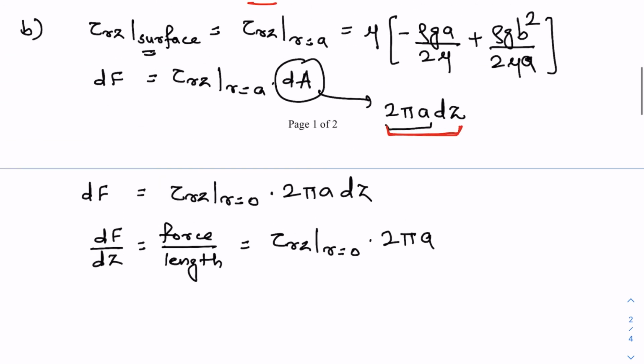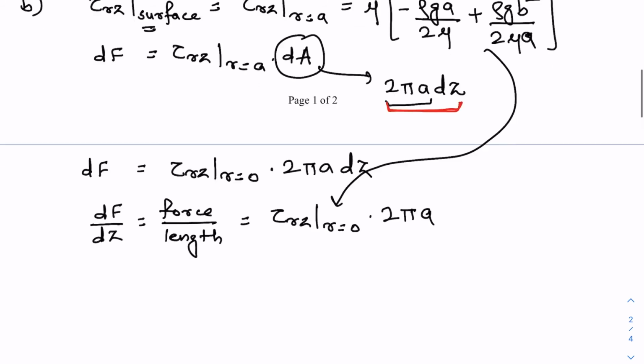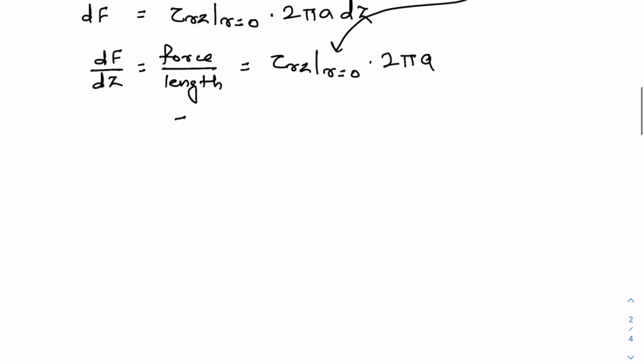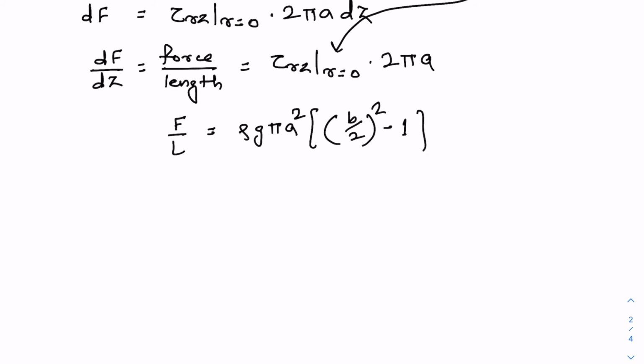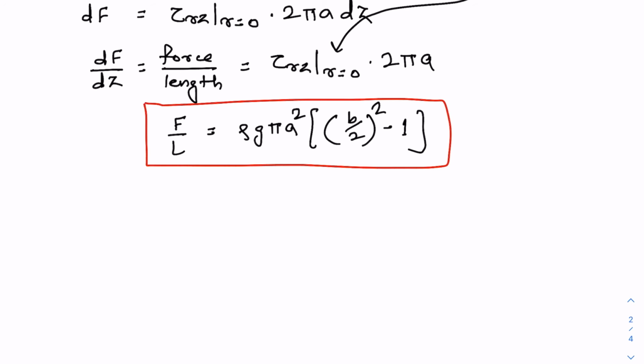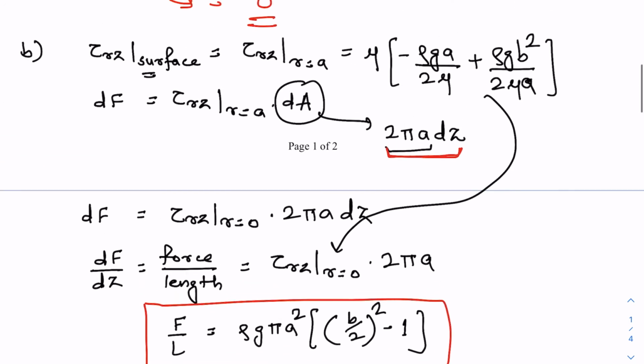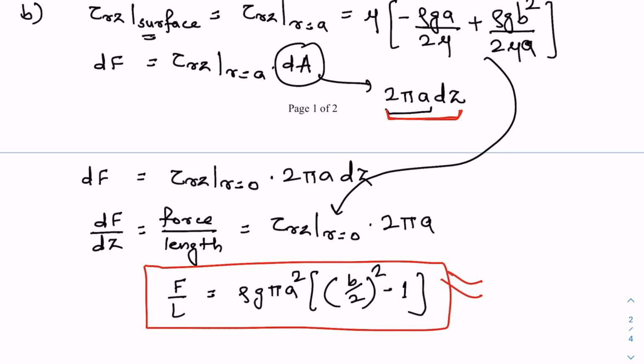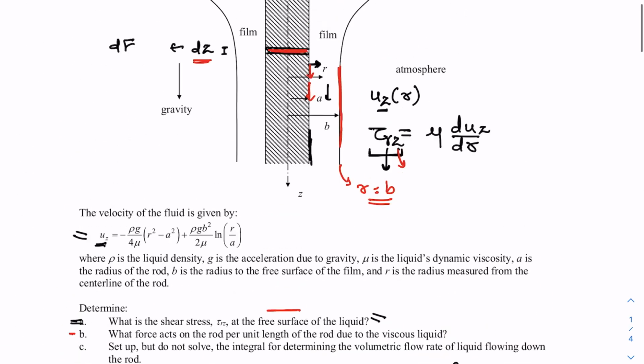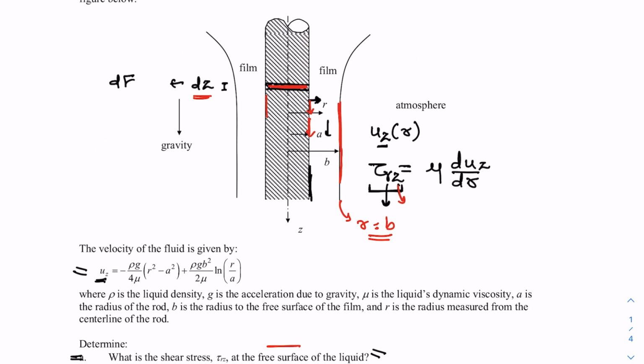I just need to substitute this here, and F by L will be equal to rho g pi a square times b by a square minus 1. So that's the force acting per unit length on the rod.